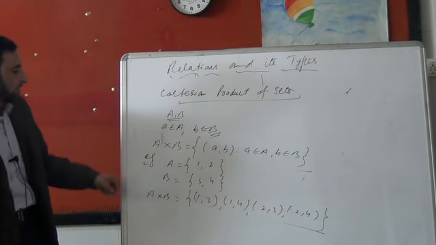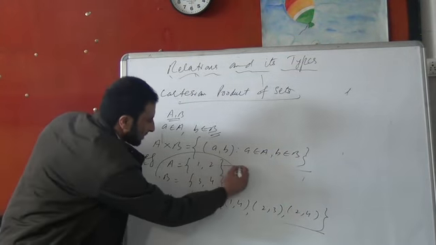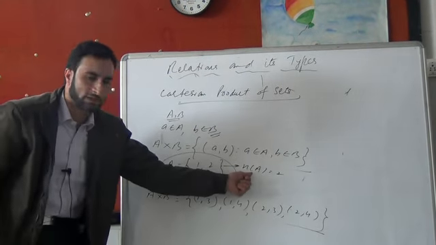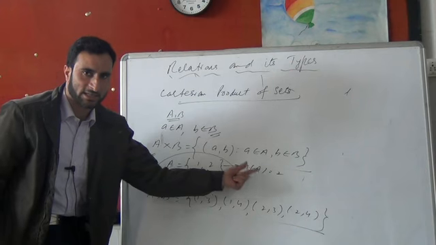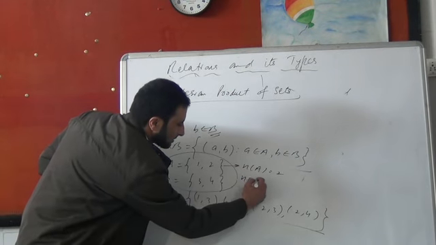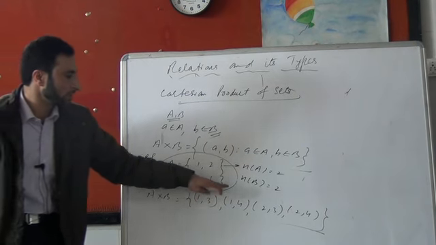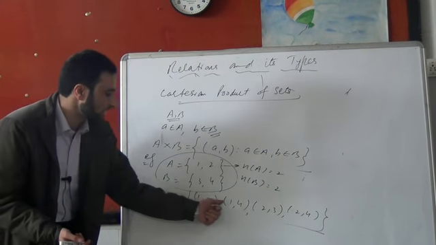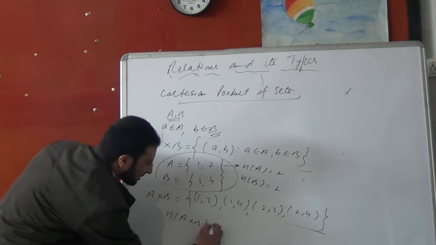Now after that we can clearly conclude a very important result here. In set A we have n(A) = 2. n(A) means the cardinal number or the cardinality of set A. It means how many elements are in set A. Clearly there are 2 elements in set A and 2 elements in set B. And here we can easily conclude that the number of elements in A cross B is 1, 2, 3, 4. So n(A cross B) = 4.